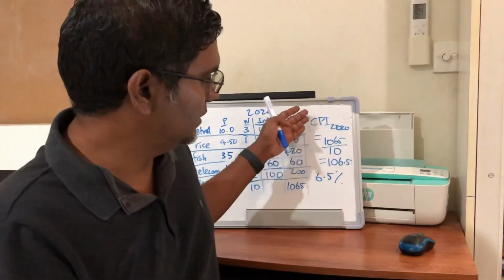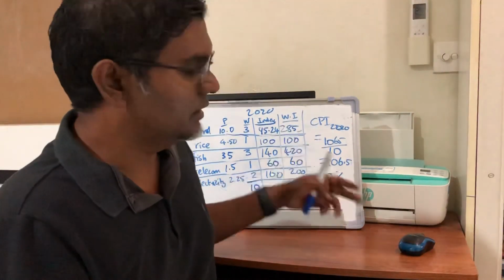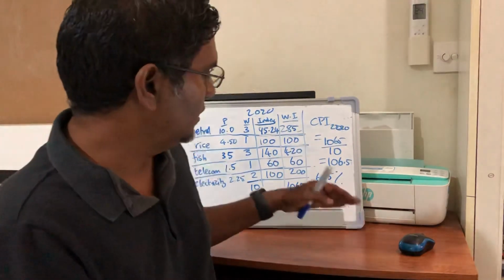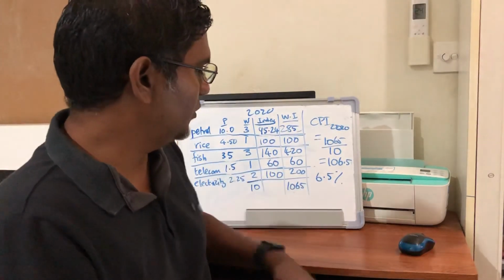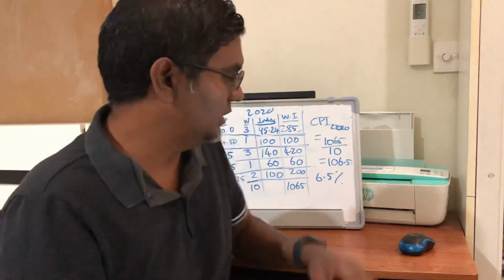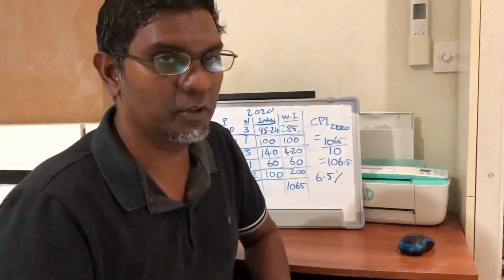We calculate the consumer price index by dividing the sum of weighted index by the sum of total weights. Here in this case it's 6.5%.